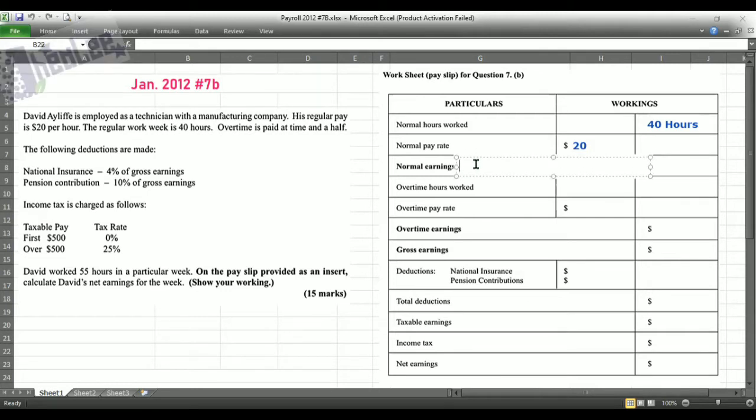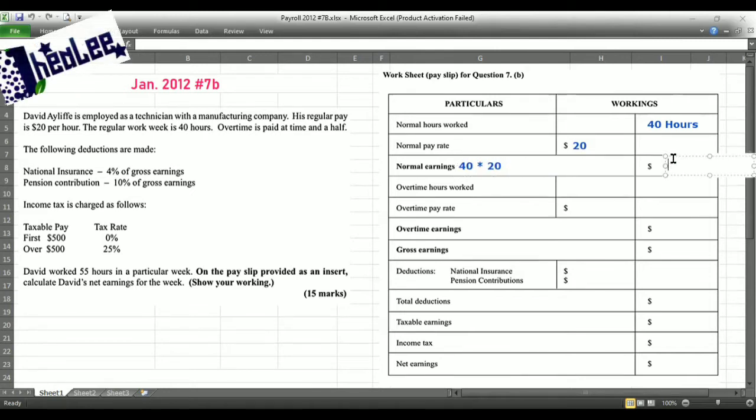So the normal earnings would be the normal hours worked times the normal pay rate of $20, and that gives us a value of $800. So remember, you have to show your workings. So that gave us a value of $800.